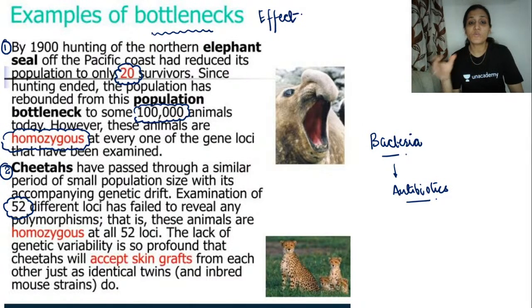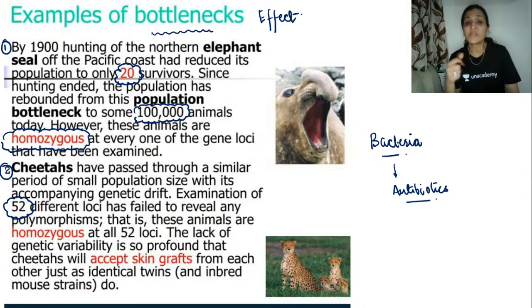So for those people who are consuming antibiotics regularly in the prescribed dose, those bacteria will be completely gone from the population. But those people who skip the antibiotics, who are not consuming antibiotics properly in that dosage, their bacteria will survive in that environment.